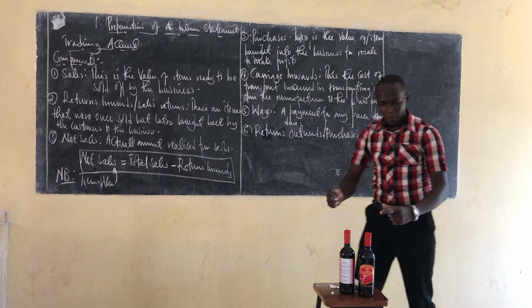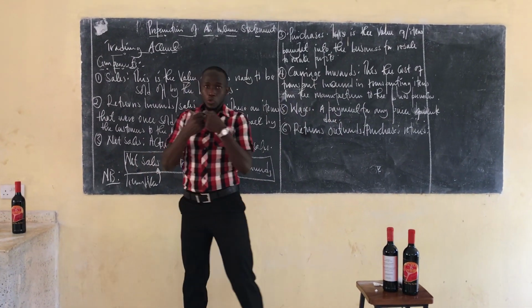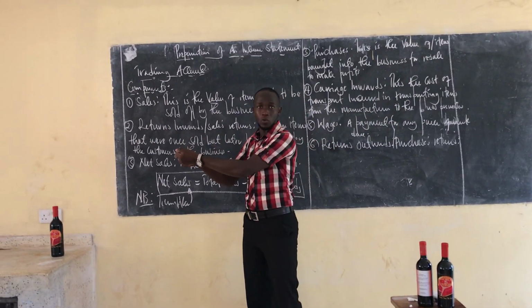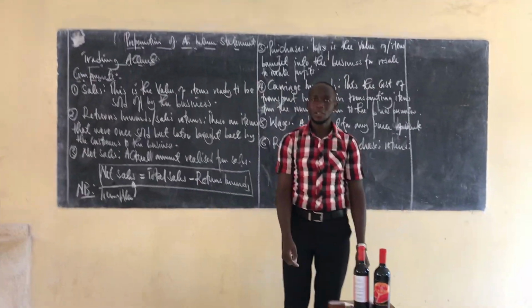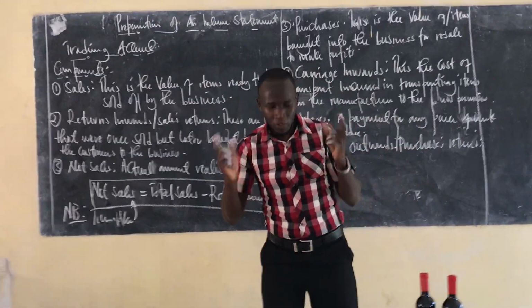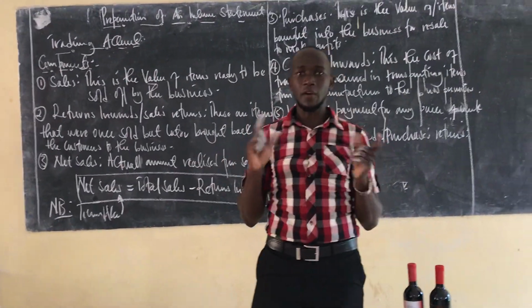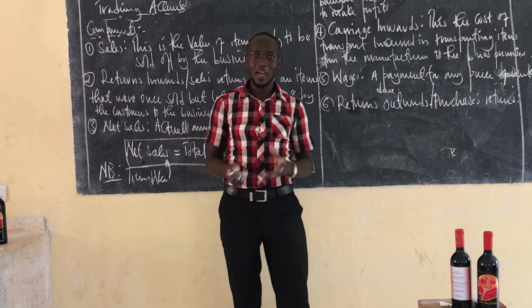So wherever you buy and take some items back from where you bought them, to you, they become returned outwards. To the person you are returning to, they become returned inwards. So hope I've not been so exaggerative and I've been clear. That's the best way I can talk of that.